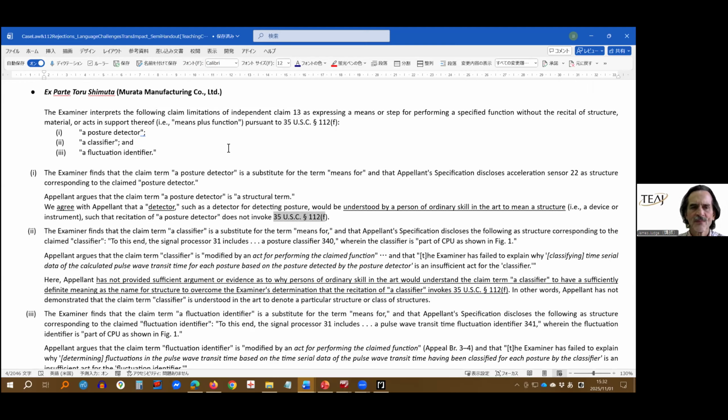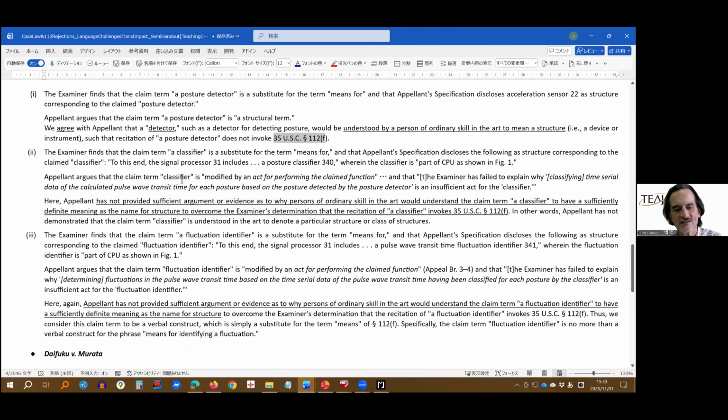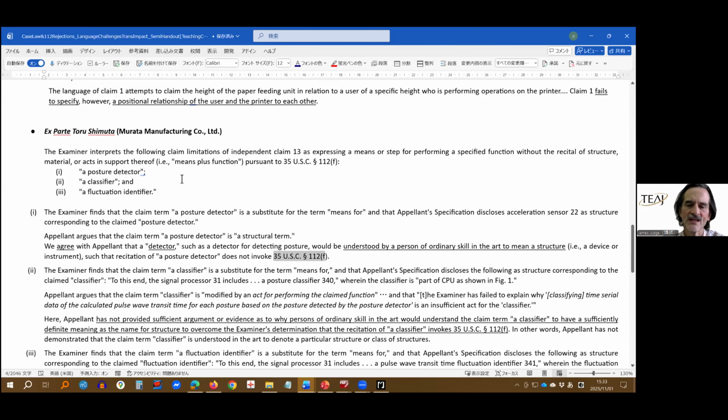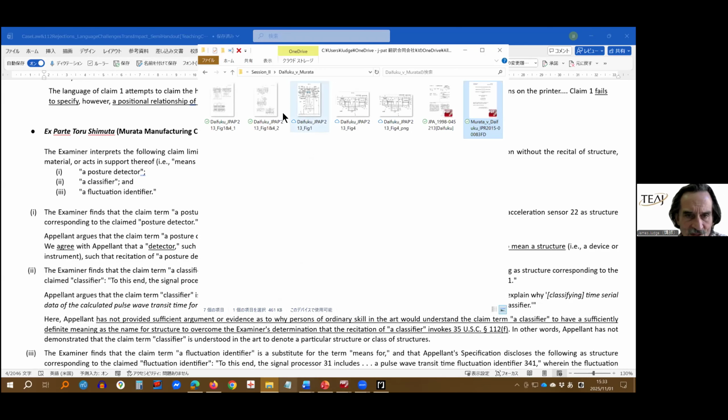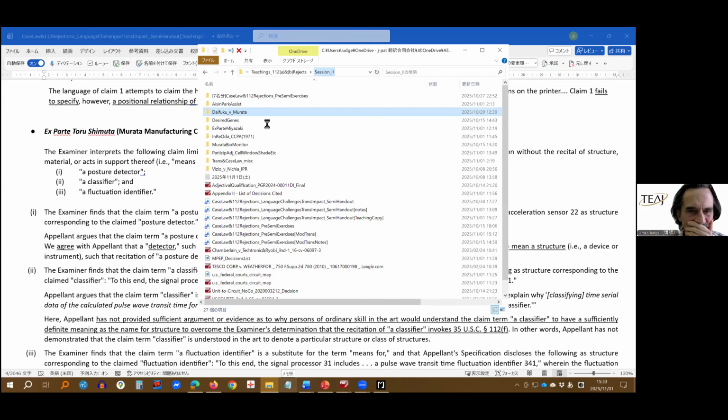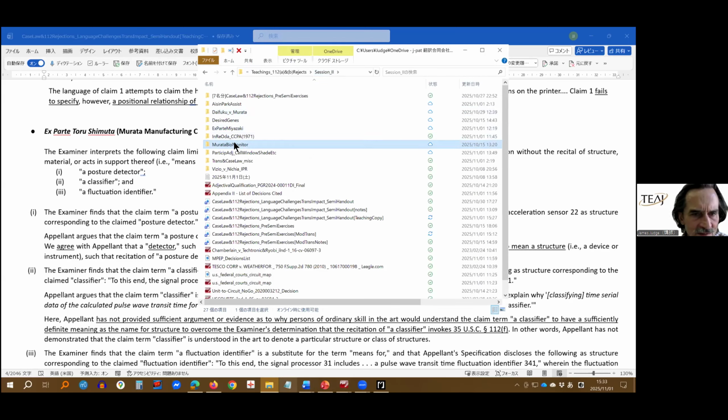What the means plus function recitations in the claim correspond to in the specification is unclear. What sort of structure, what the corresponding structure is unclear. So at the same time, the examiner will issue a 112B rejection or 112A. So this is a double punch that's pretty common, a 1-2 punch, we say. And I think that's what happened here. Let me double check.